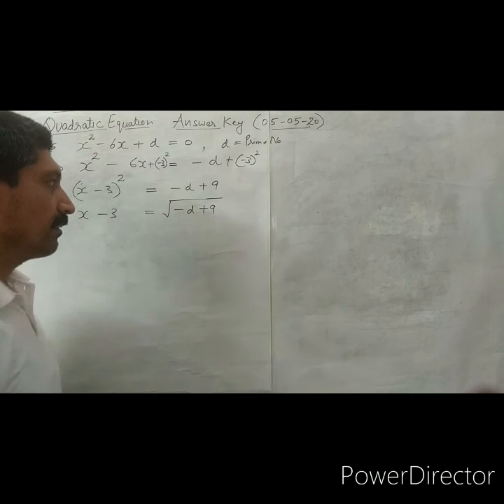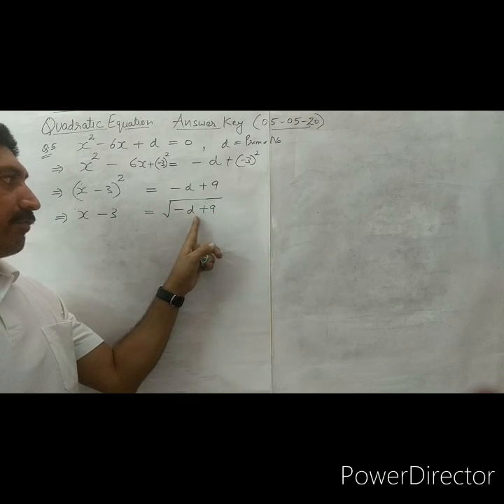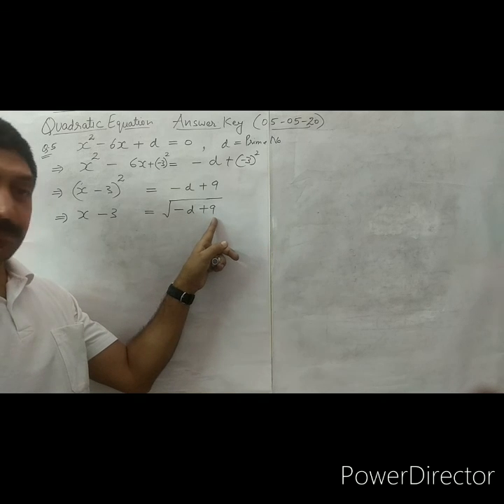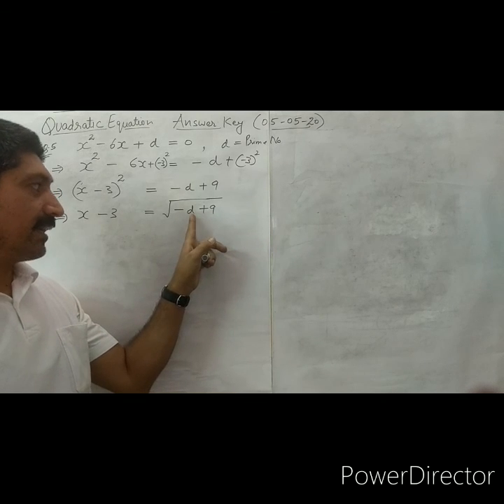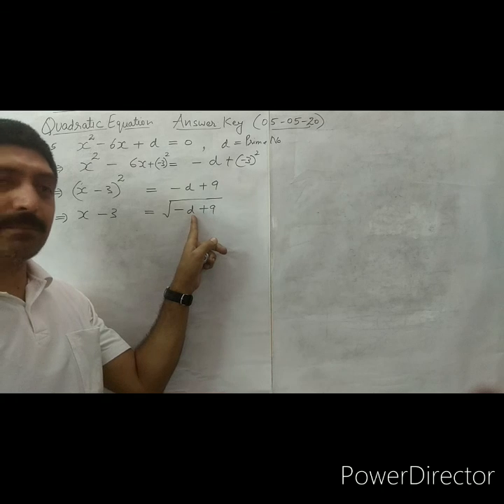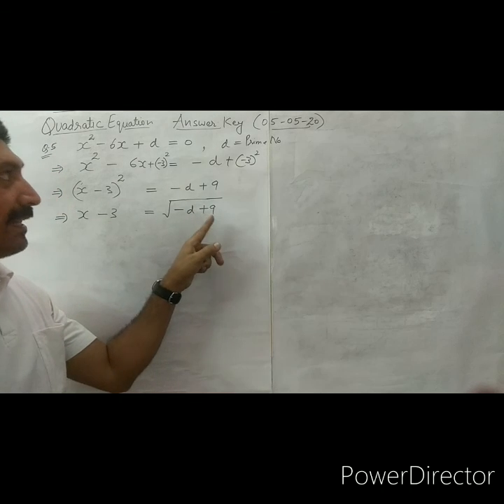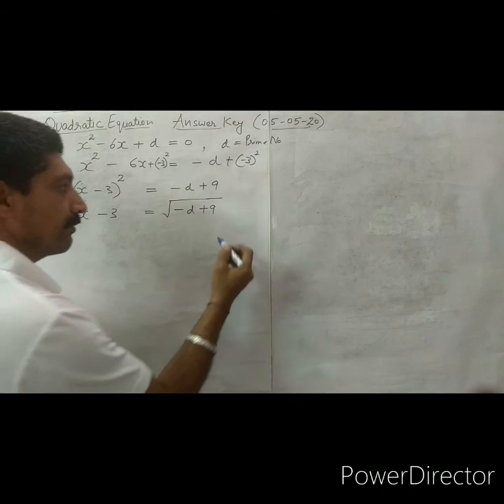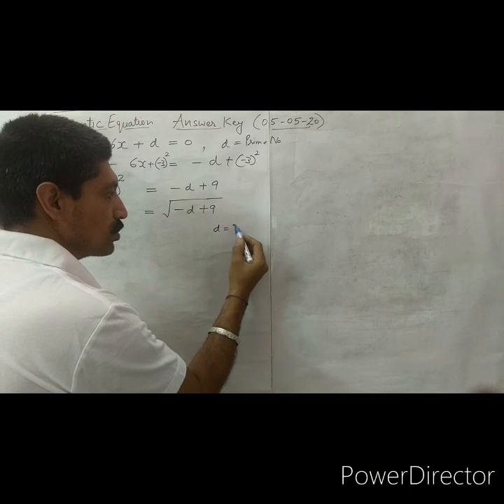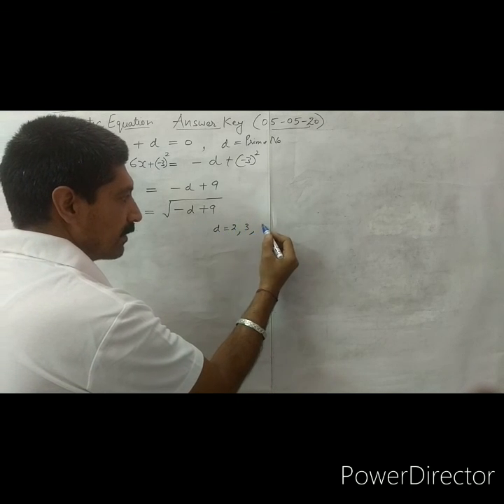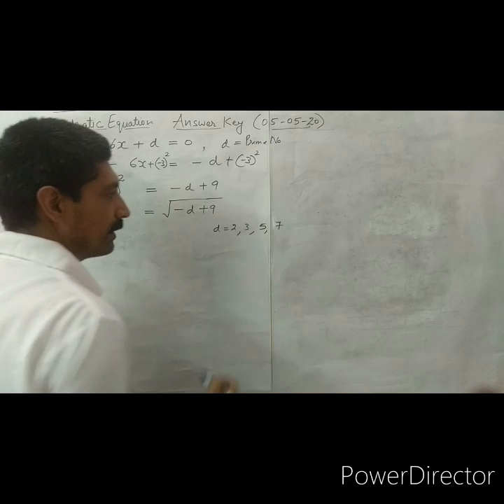So we will get a real value when d is less than 9. Even d is a prime number, 9 is not a prime number. So the prime numbers less than 9, d can be 2, 3, 5 and 7 only.